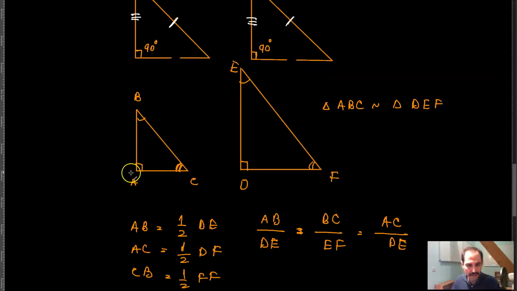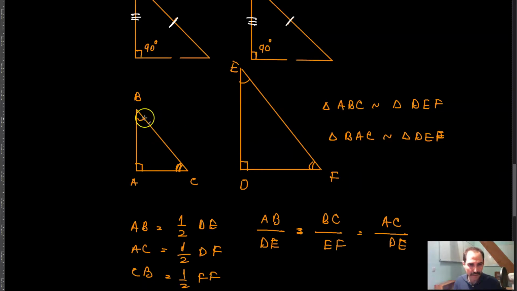And as you can see, the order of the vertices is important, meaning that I cannot say that, for example, triangle BAC is similar to triangle DEF. That just doesn't work, because now I'm assuming that vertex B corresponds to the vertex D in this triangle, which is not the case.